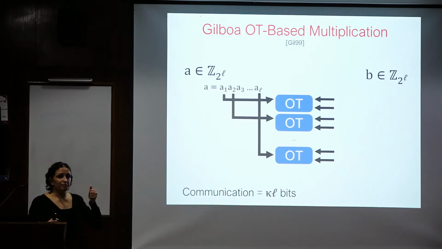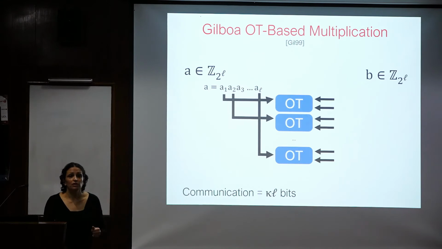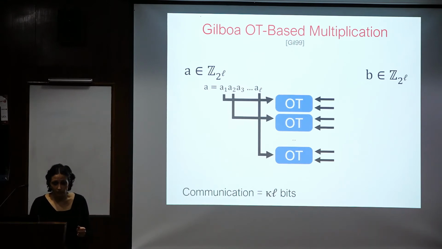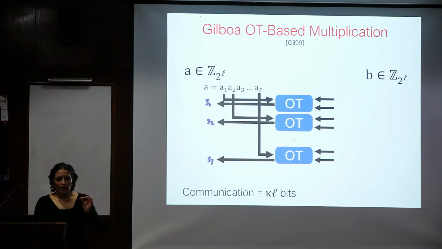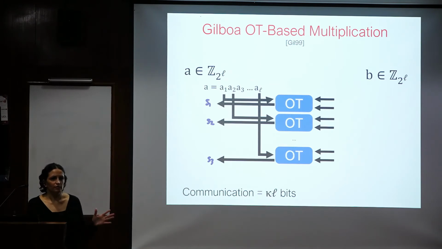And then for every such bit, you carry out and run an OT execution. And then you combine. There is a very simple way to combine the outcome of these OTs, and you get the additive shares of the product.